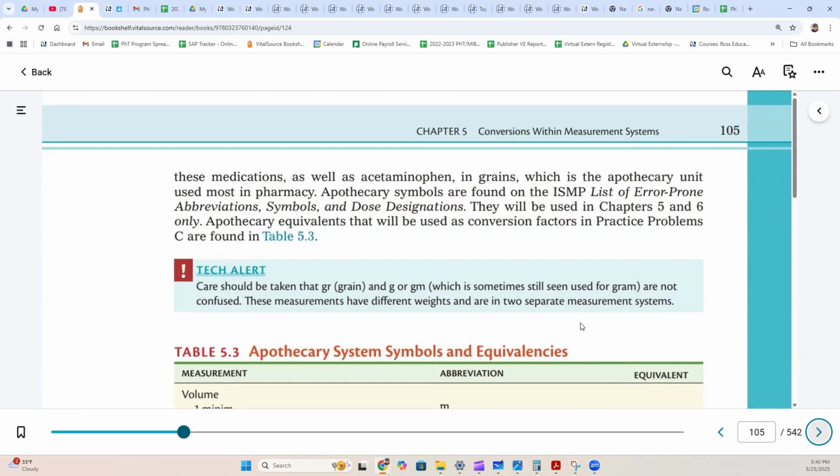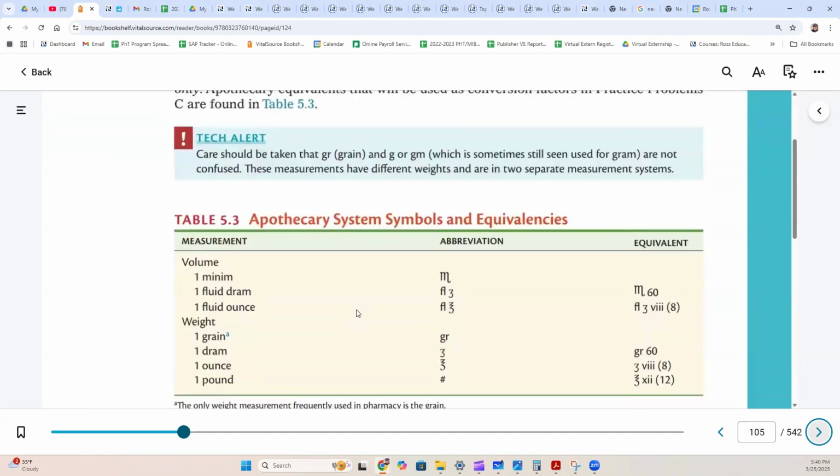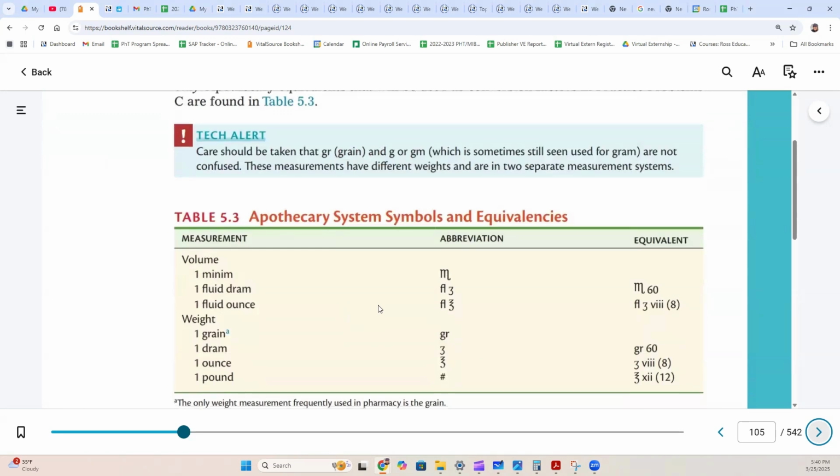Apothecary symbols are found on the ISMP list of error-prone abbreviation symbols and dose designations. They will be used in chapters 5 and 6 only. Apothecary equivalents that will be used as conversion factors in practice problem C are found in table 5.3. And this is also going to be on that sheet that I have for you. But you can see them here.